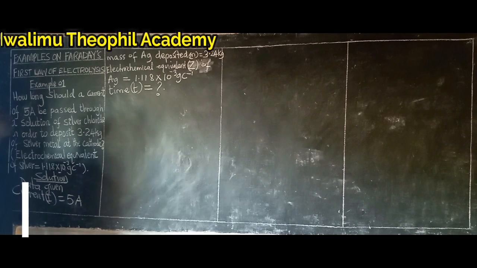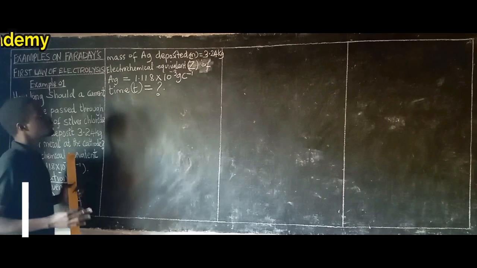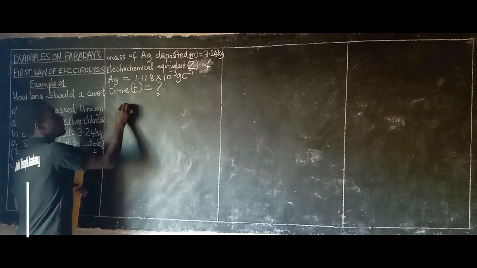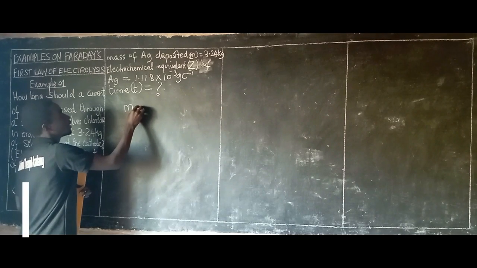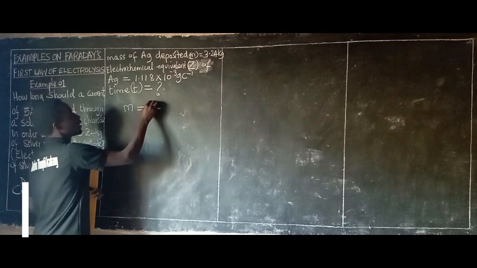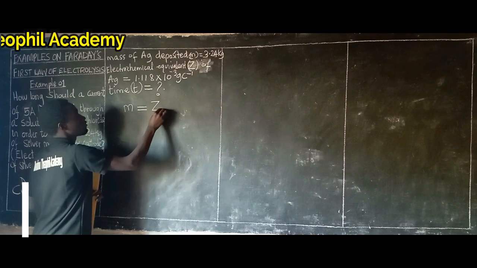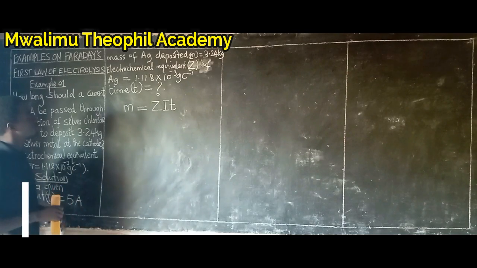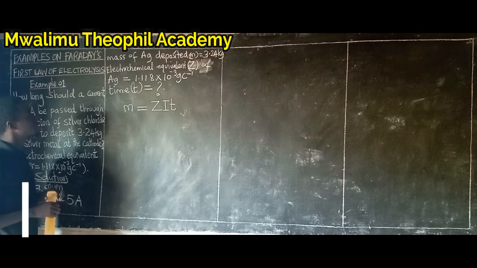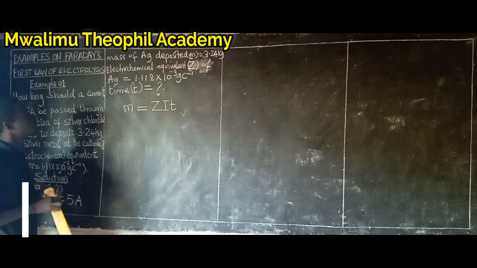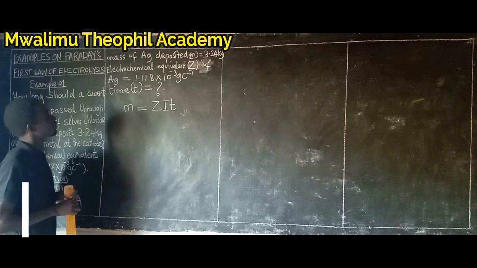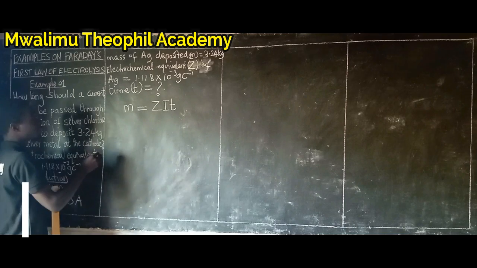Now, let us see the way. According to Faraday's first law of electrolysis, the mass of silver deposited is equal to electrochemical equivalent times current times time. This is according to Faraday's first law, that the mass liberated at or dissolved from the electrode is proportional to the quantity of electric current passing through the electrolyte.